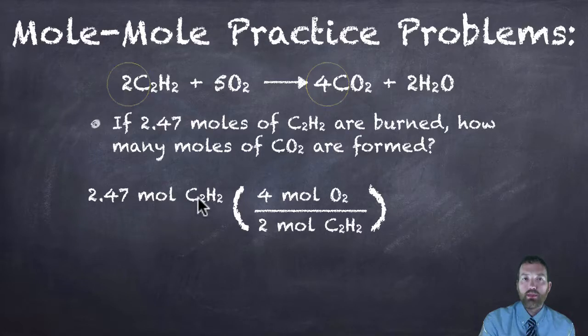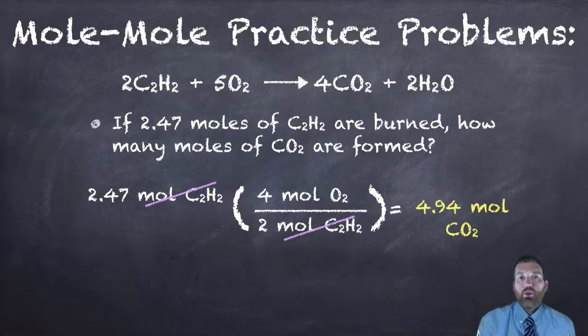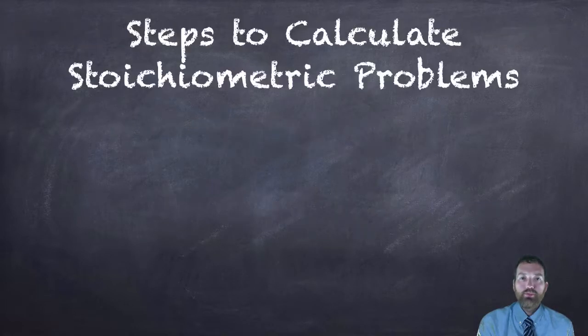My moles of C2H2 will cross off with my moles of C2H2. I'm left with moles of, oh, this should say CO2. This is a typo. I have 4 moles of CO2, not O2. But if you do 2.47 times 4 divided by 2, you will get 4.94 moles of CO2.